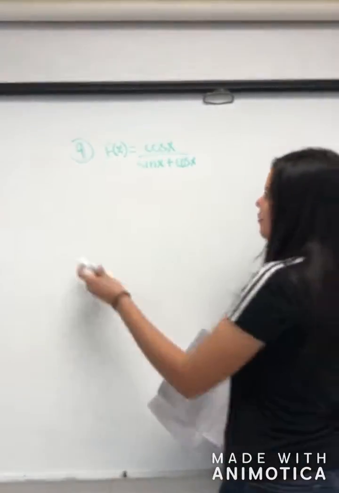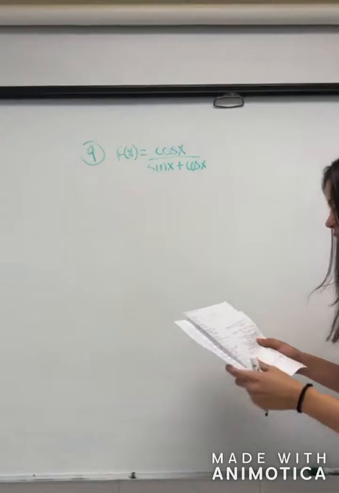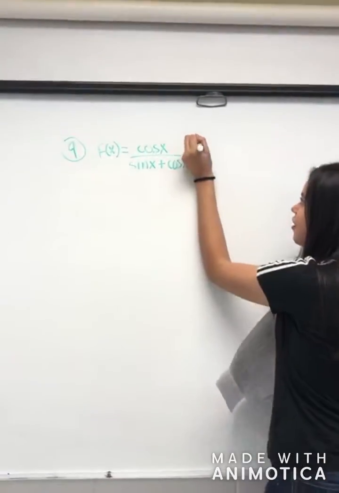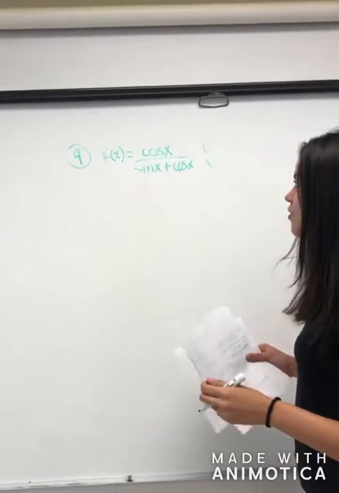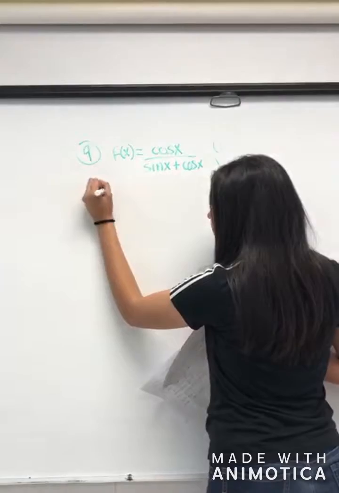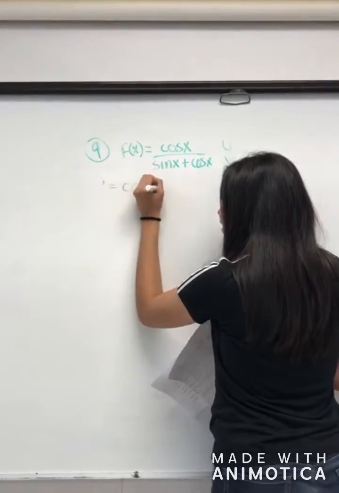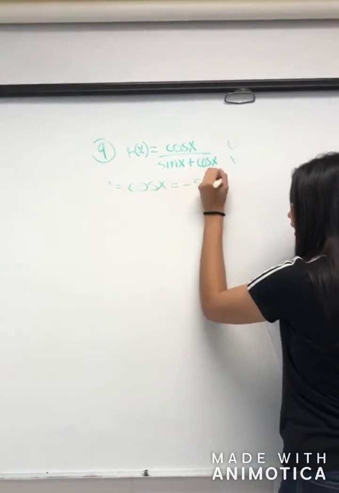Now we are going to resolve problem number 9. First we know that this is the letter U and this is the V. First we have to derive the cos, that is cos x is equal to minus sine x.